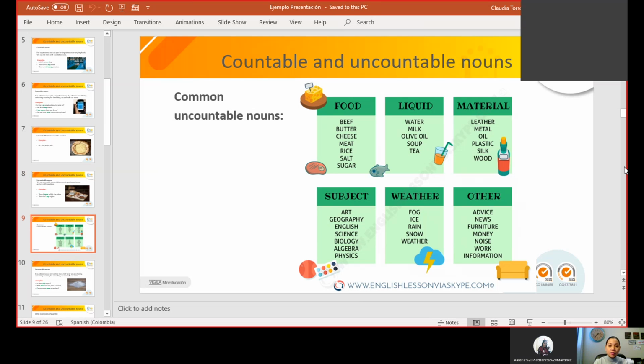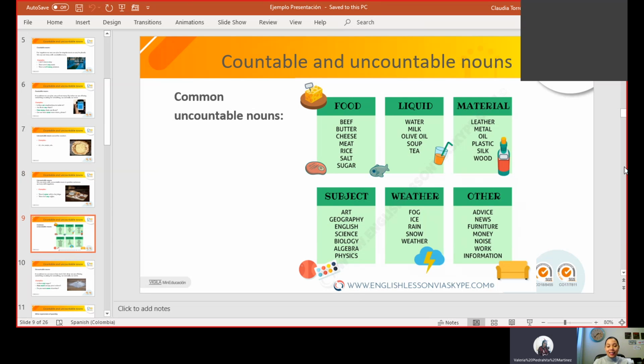Then we have ice. So we cannot say one ice or two ice. Some ice. And then rain, right? So the rain is also uncountable, snow, and the word weather. So you can say there are different kinds of weather, no weather.